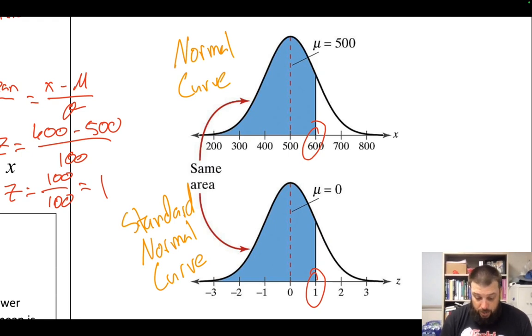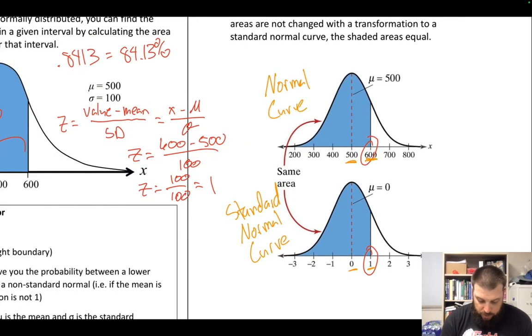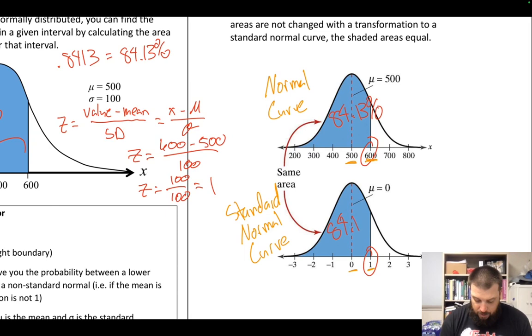All that changed was our mean became 0 because we standardized it, and then our x value ended up being 1 standard deviation away, so 600 became 1, which became our z-score, which then we could take to our table. But that value, that 84.13%, is the same in the normal curve as it is in the standard normal curve.